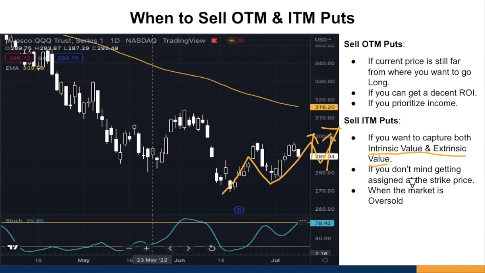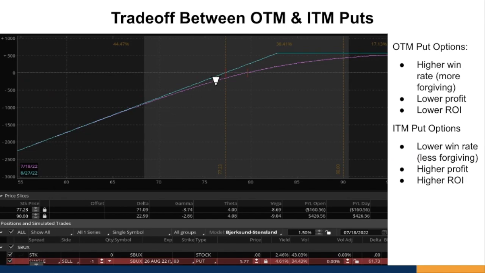And number two, you don't mind getting assigned at the strike price. Again, make sure you have enough cash to get assigned. If you don't have the cash, you shouldn't be in the money put in the first place. If you are more experienced, you need to know where to cut loss, based on the chart. Going back to the P&L graph, let's say I only want to lose $1,000.